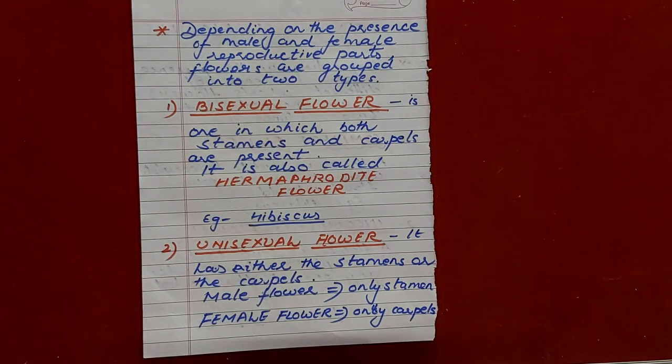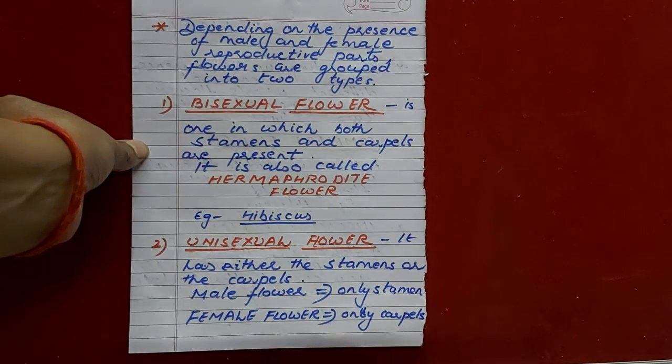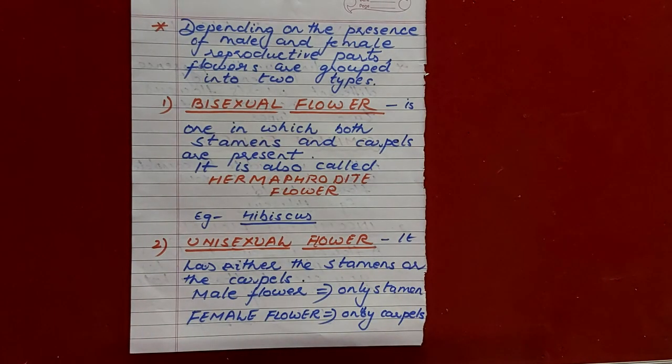Now we will study the classification of the flowers, how the flowers are grouped. Depending upon the presence or absence of the male and female reproductive parts, flowers are grouped into two types.